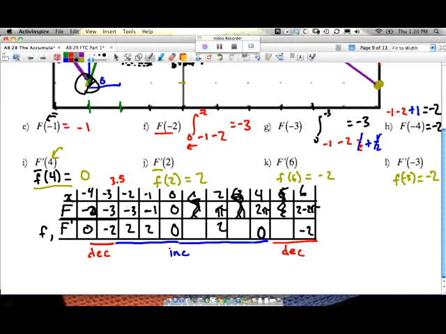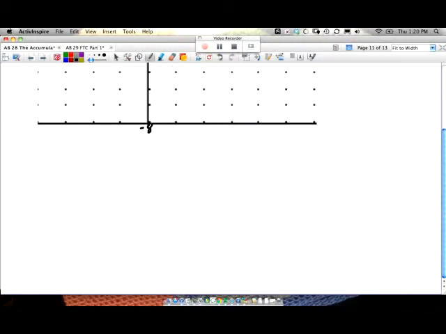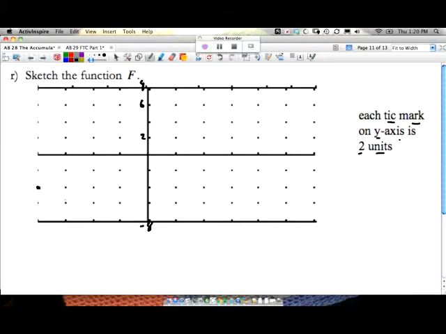So starting at -4, going to 0, it's going to be -2, -3, -3, -1, 0. Now we didn't really have anything at 1, but we know that at 2 we're at pi, which is a little bit more than 3, so we're talking about here.